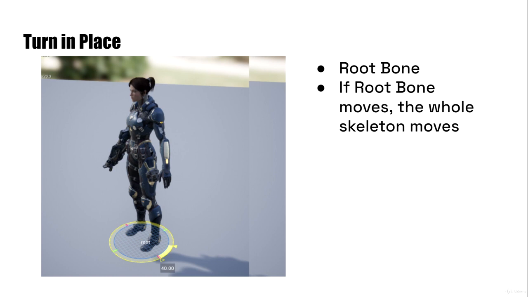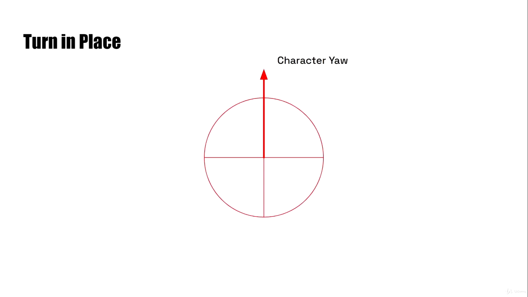Now, in order to keep her standing still while we're rotating her upper body, we're going to be rotating the character along with the controller. In other words, when we move the mouse, the controller follows and the top half of her body will be rotating along with it.